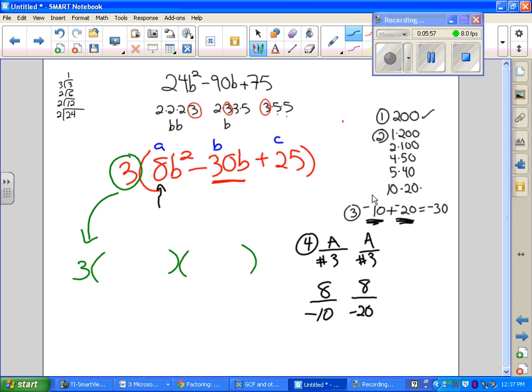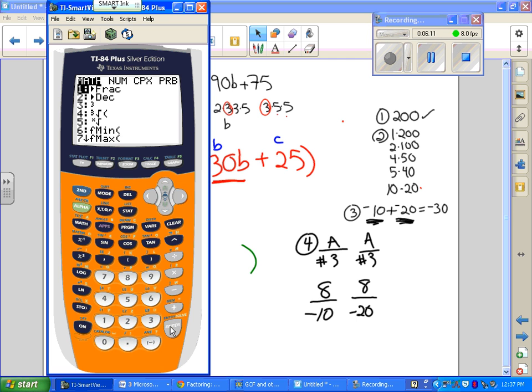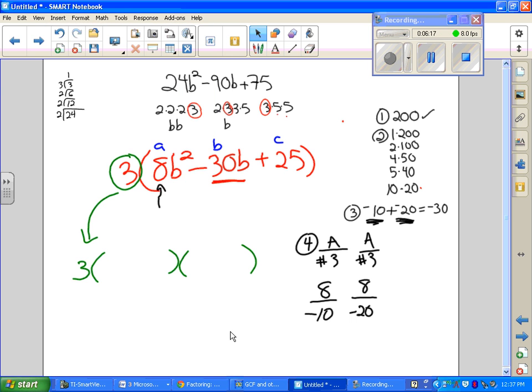Now you have to break these fractions down, so you got to be careful about that. If you do 8 divided by 10, let me just do it in the calculator and show you real quick. If you do 8 divided by negative 10, you get a decimal, which is fine. When you change it back to a fraction, you get negative 4 over 5. But I want you to keep the negative on the bottom, so don't write it as negative 4 over 5. Write it as 4 over negative 5.